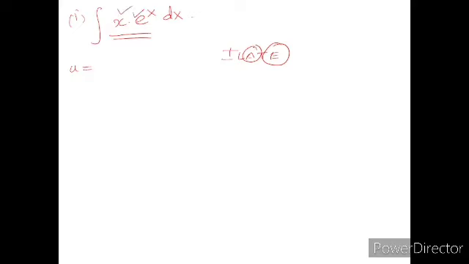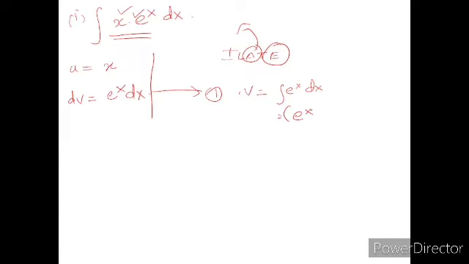So your arithmetic will get your first prioritization for u, and your dv is e to the power x dx, correct? So the first step is you have to integrate dv to get your v, because you need v. Okay, so integral e^x dx, v equal to e to the power x. So your v here is e to the power x and your u here is x.